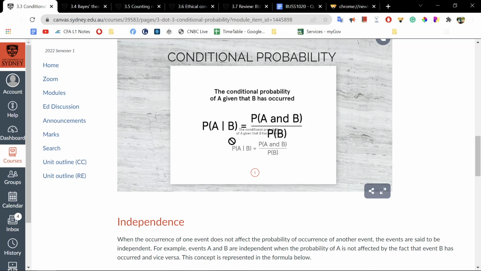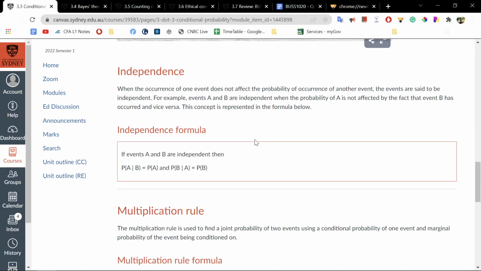Okay, so if we look at this function right here, what this says is the probability of A occurring given that B has already occurred. So we look at their intersection and divide it by the probability of B occurring.